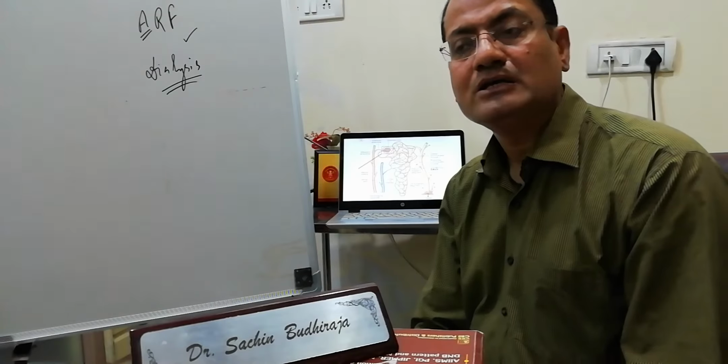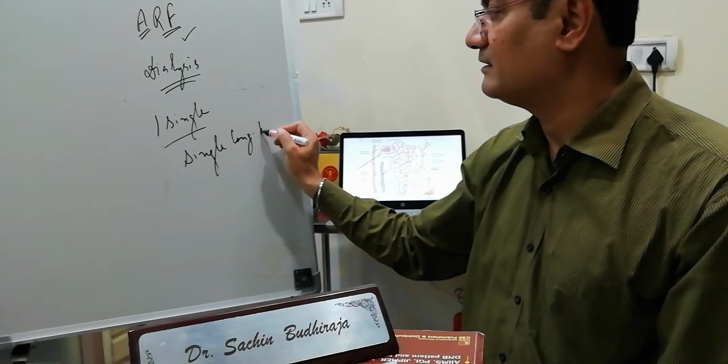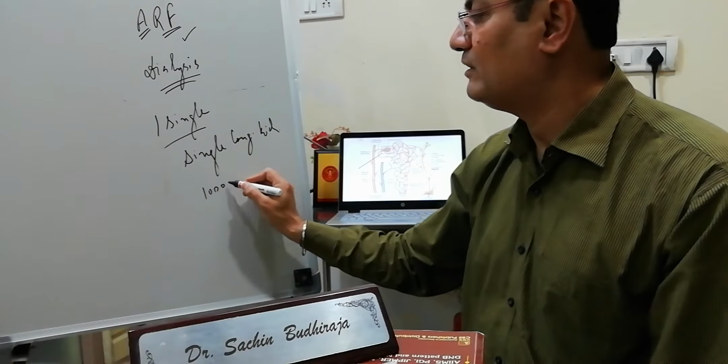Normally there are no manifestations at all. This single congenital kidney is not something rare. Every 1000 or 1500 births, one person tends to have a single functioning congenital kidney. So you need to tell them that when we speak about renal failure, we mean that both the kidneys are not working.